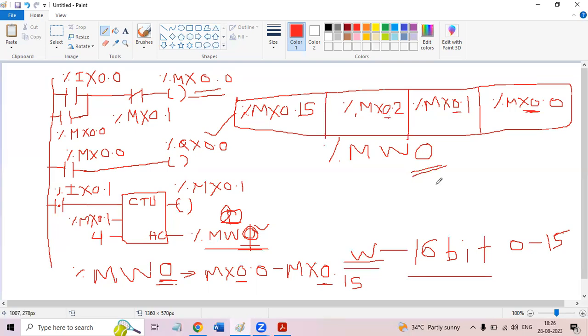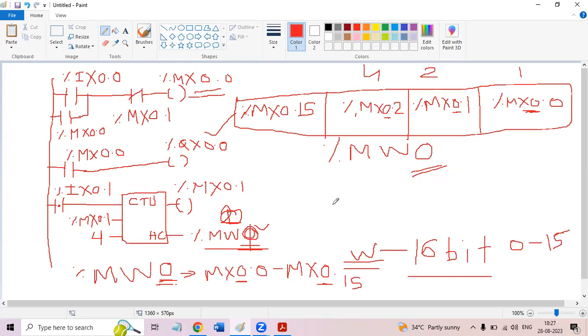Now let us check. I hope you know how to convert binary to decimal and decimal to binary. The easiest method is you put the decimal value 1 here, double of this is 2, double of this is 4, double of this, and it will go on.